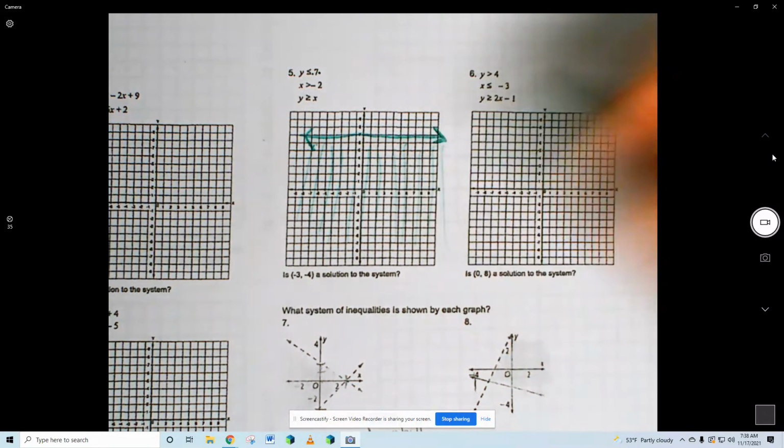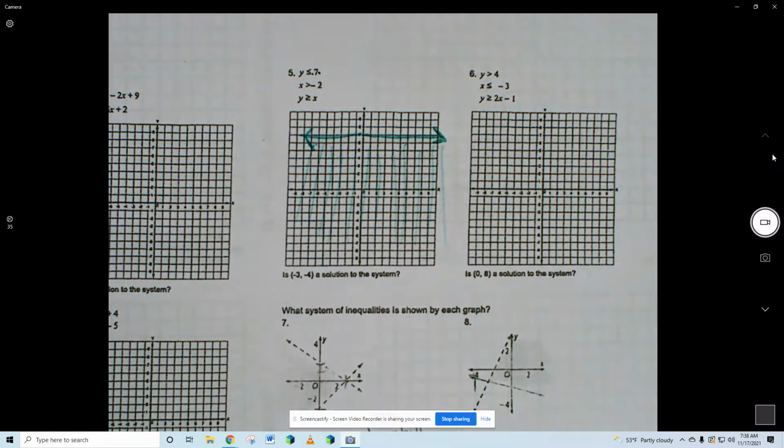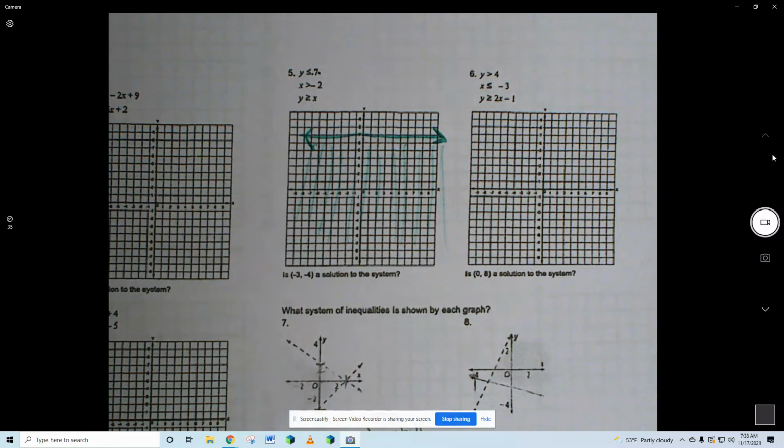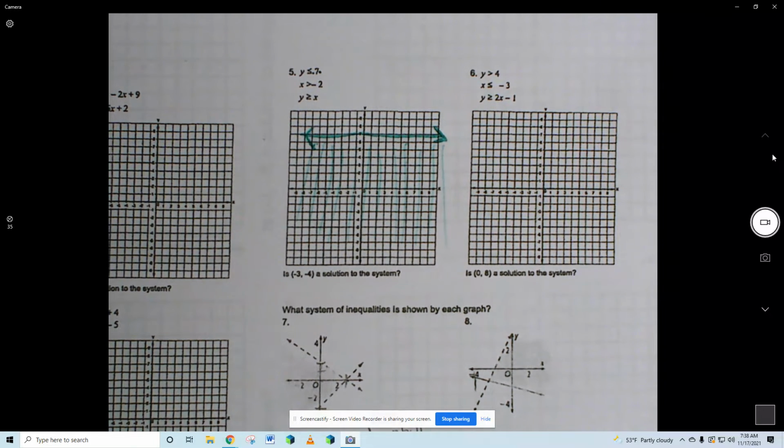Don't go crazy with your shading. You only make it dark, dark, dark at the end. So I finished my first equation. My second equation says x is greater than negative 2. On the x-axis, go to negative 2.